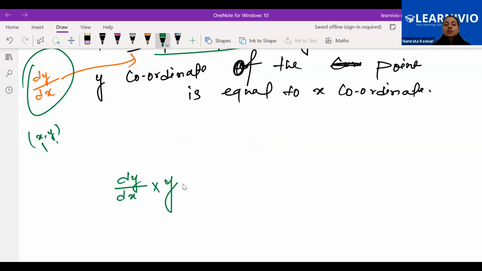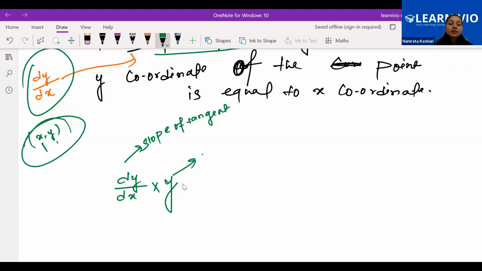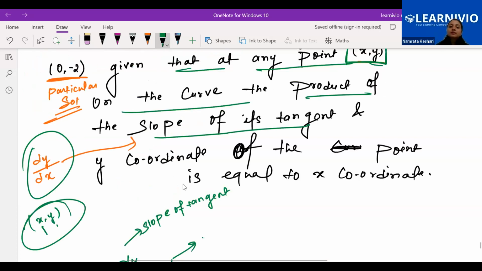Product of slope of tangent and y coordinate. Product means multiplication. So dy/dx into y is equal to the x coordinate.